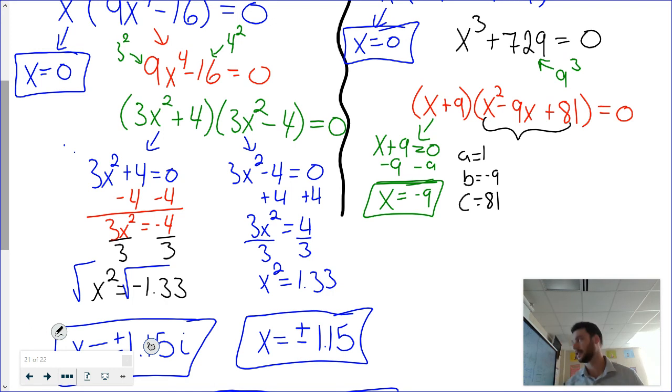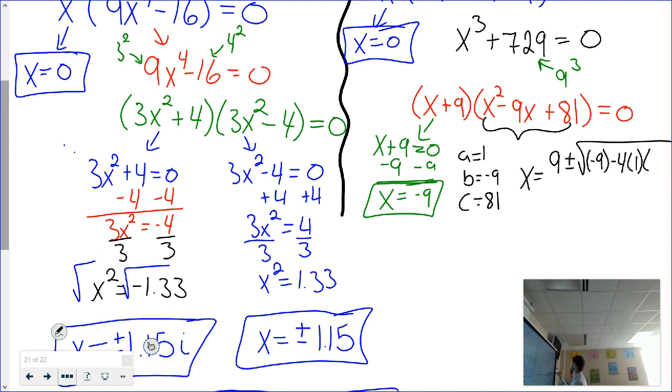You'll likely get some imaginary solutions. Let's check it out. So that means x equals -b, the opposite of -9 is 9, plus or minus the square root of -9 squared minus 4 times 1 times 81, all over 2 times 1.